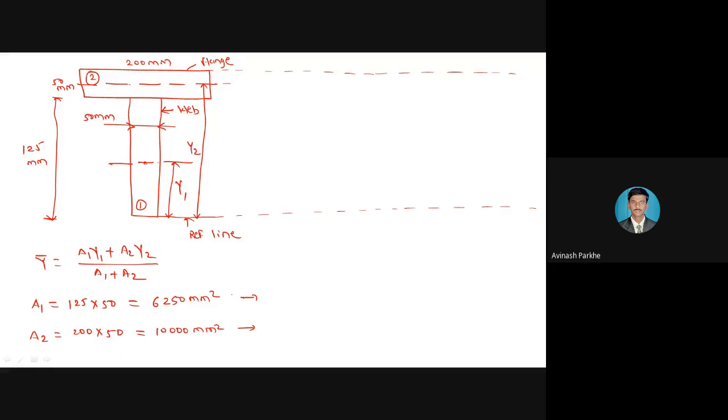Please tell me, Y1 is equal to 125 divided by 2, which is 62.5 mm, and Y2 is equal to this 125, I have to take as it is, plus 25. Yes, 125 plus 25.